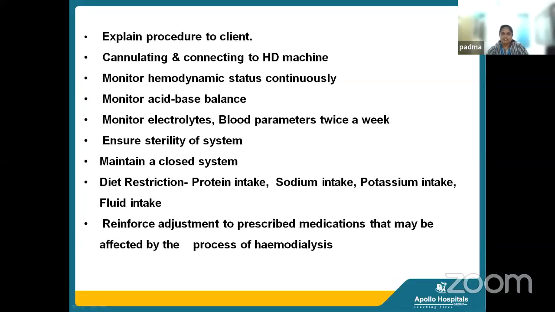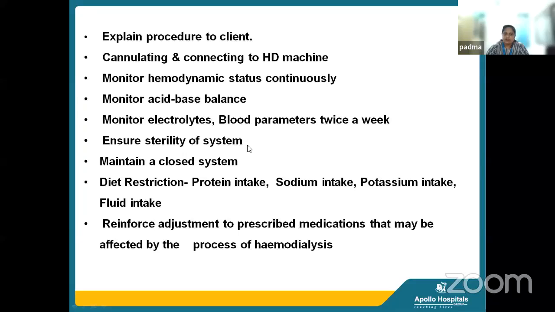Before connecting the HD machine, we need to check the access and the hemodynamic monitor status continuously, monitor acid-base balance, and monitor electrolytes and blood parameters twice a week. For OP patients, we need to check blood parameters and electrolyte parameters twice in a week.